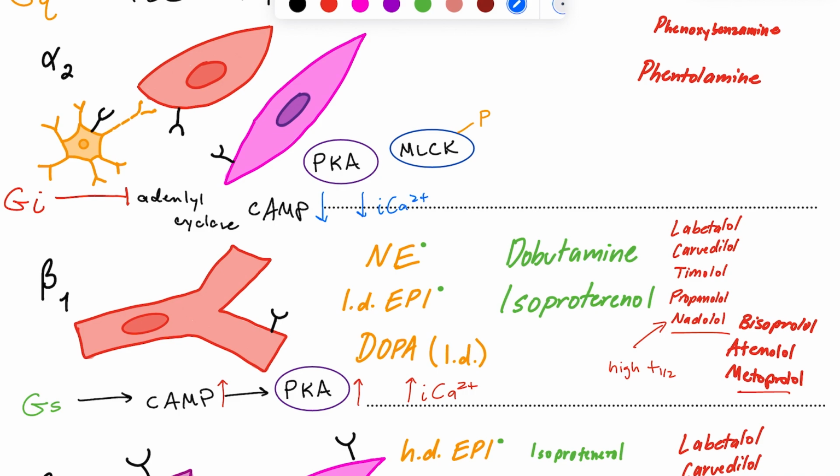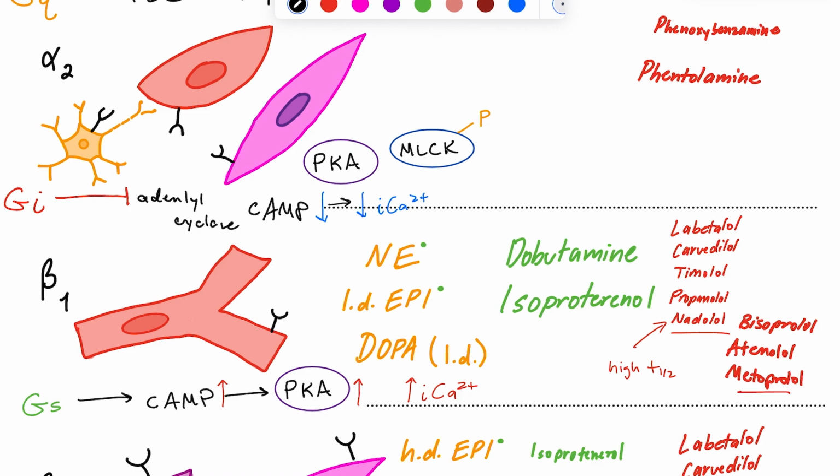That's going to inhibit the activation of adenylyl cyclase, therefore lowering the levels of cyclic AMP. And that's going to have two consequences depending on the cell that you're in. In the CNS or in neural cells, you're going to get a decrease in intracellular calcium.